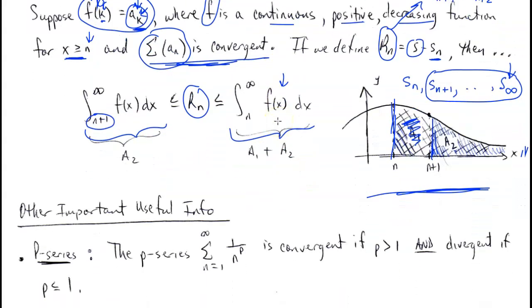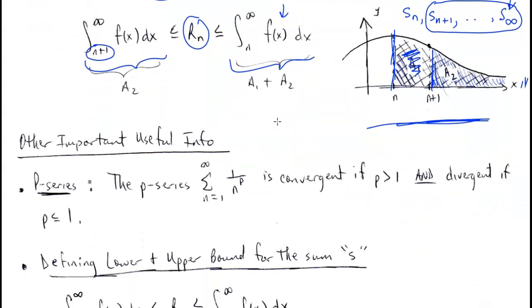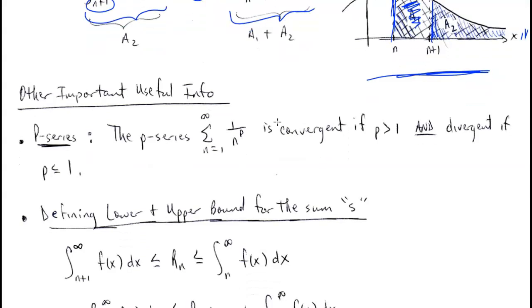Now, one important, useful piece of info that we need to know and have in our back pocket here is we need to be able to recognize what is a P series, okay? Now, if you go back to the improper integral video that I talked about, we had some improper integrals that looked like this, okay?